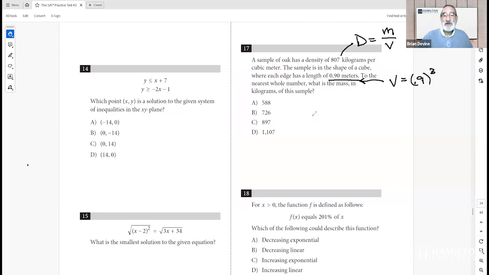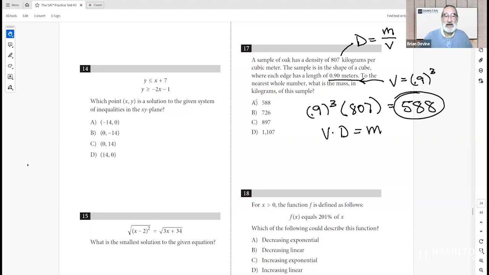And so if we take 0.9 cubed times the density, then we have volume times density will give us mass. And you can put that into a calculator and you'll get something pretty close to 588. So A is the correct answer.